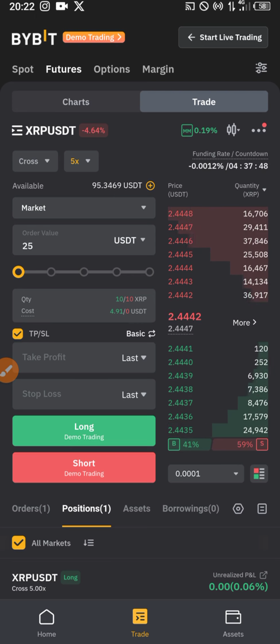Now, I told you earlier that Bybit charges maker and taker fee. The first one I'm talking about is maker fee. What is maker fee? When you place a limit order that does not fill immediately, and instead add liquidity to the market, you are a maker.